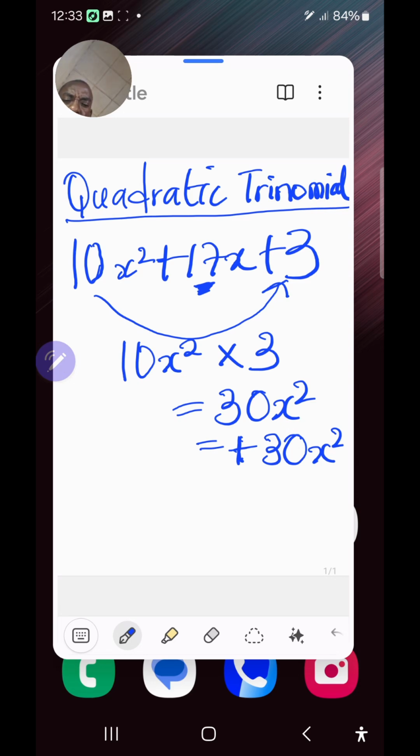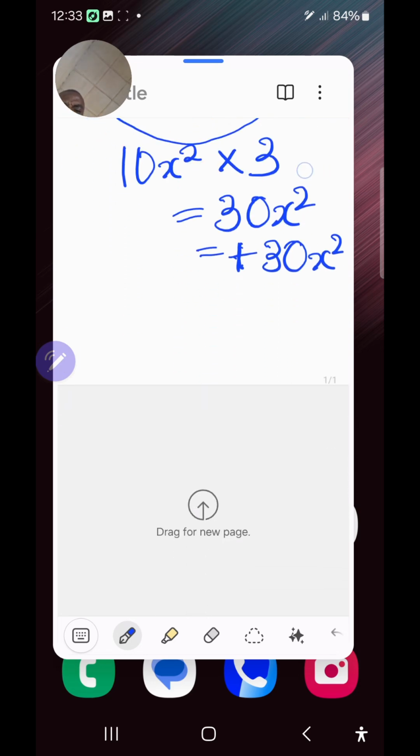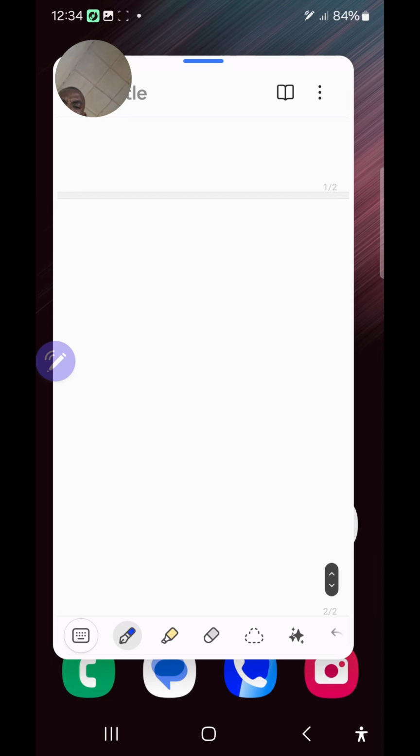So what are those two numbers? We are going to consider it now. Now we have factors of plus 30 and their sum.